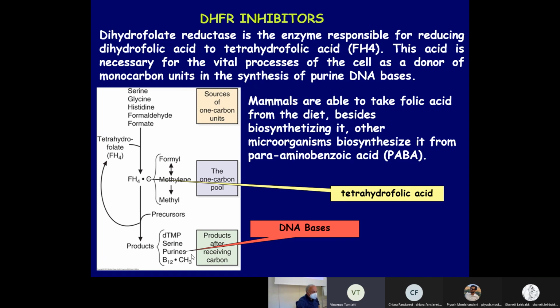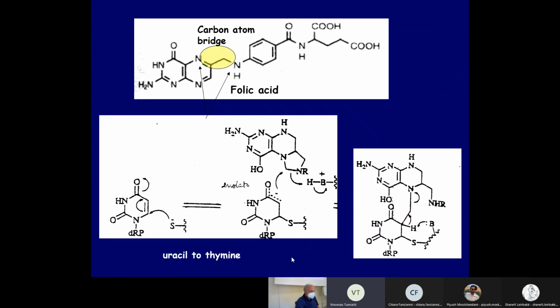Purines, you see, DNA bases, vitamins, serine, and thymine, and so on. How does this compound work? As I showed you before, tetrahydrofolic acid is able to take a carbon unit.